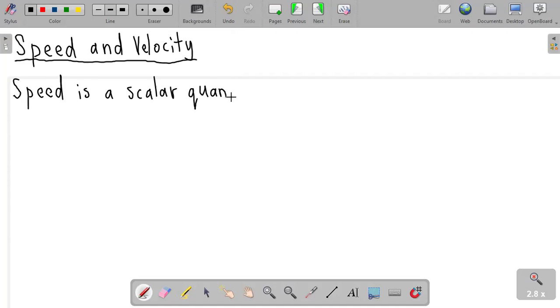It's a scalar quantity. So magnitude only. This means that it doesn't have direction. Speed is a scalar quantity.